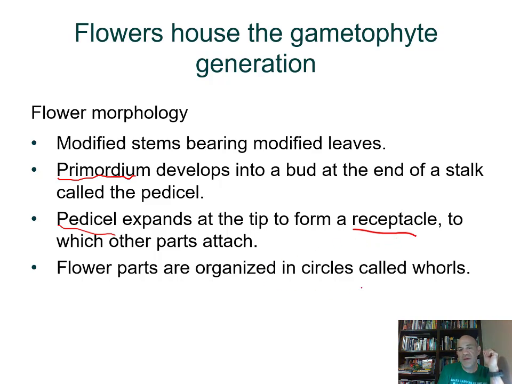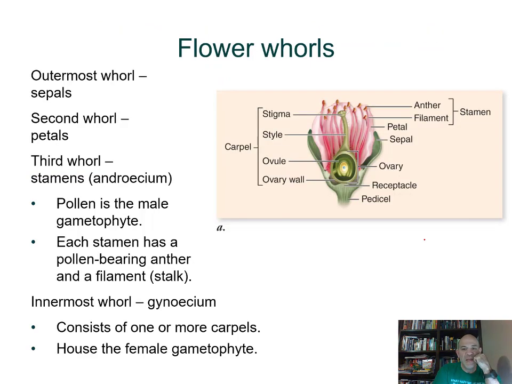The flower is going to be organized into groups of modified leaves called whorls. And we're going to start from the outside and work our way in. And so the outermost whorl actually covers the entire flower as a flower bud before it opens up. And they're made of these green, usually they're green, leafy looking structures, and they're called sepals.